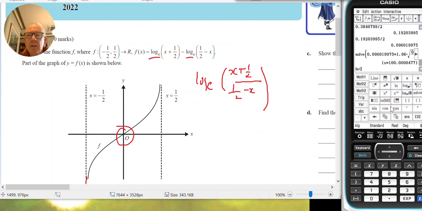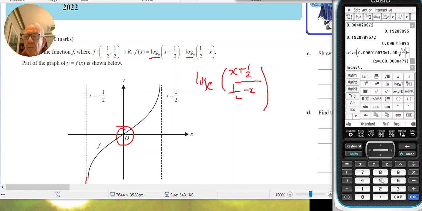Log base e of x plus 1/2 minus log base e of 1/2 minus x.